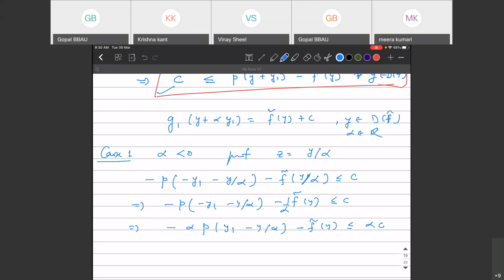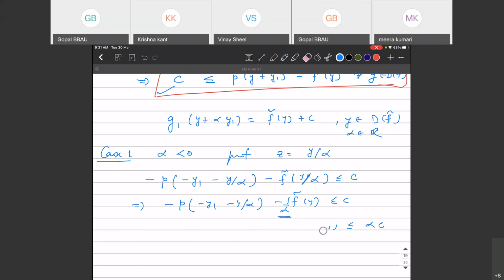But there is a problem. What is that problem? This alpha is negative, so this inequality will get changed. So what we do, we don't write like this.